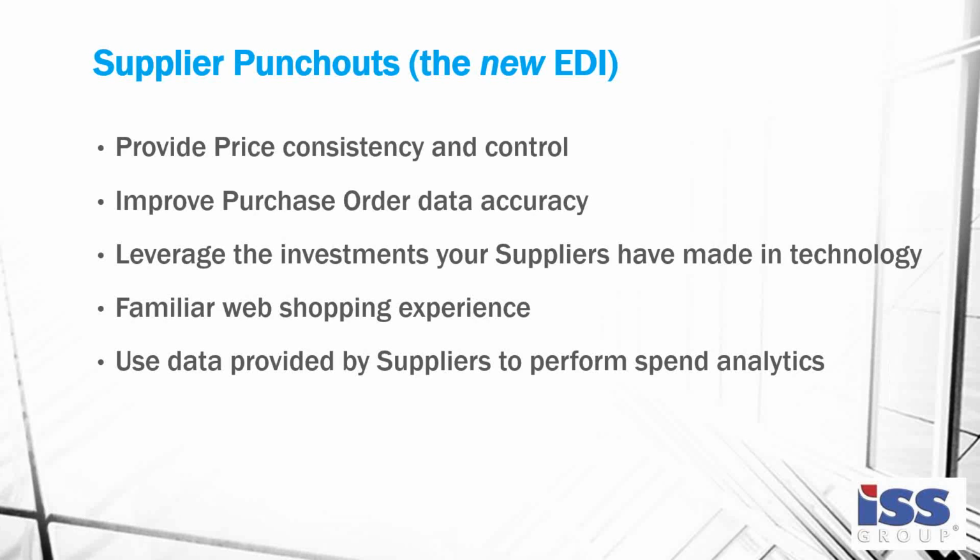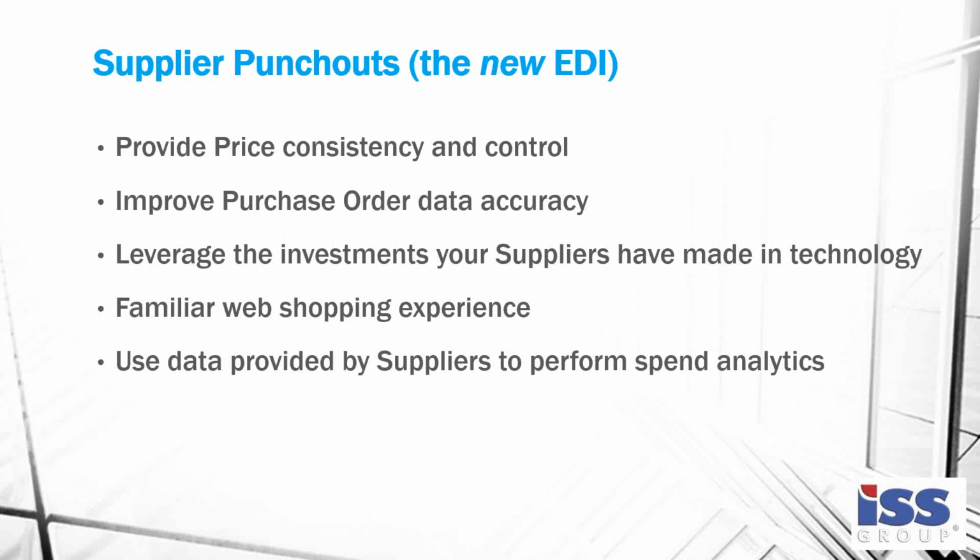But the important point to look at here is we need for you as a corporation to provide price consistency and control. You need to know that when people go to talk to suppliers, they get only the products that are under contract and at the contract prices.